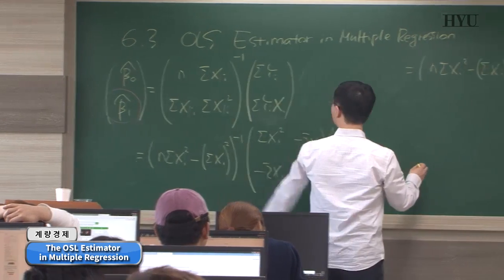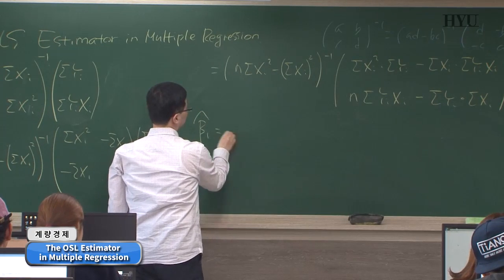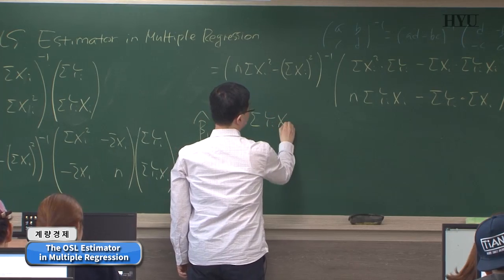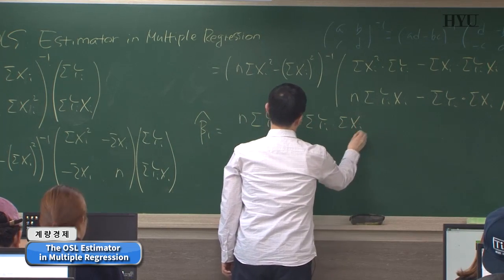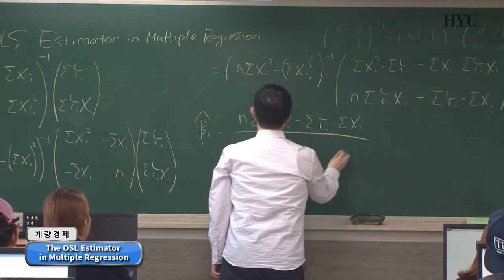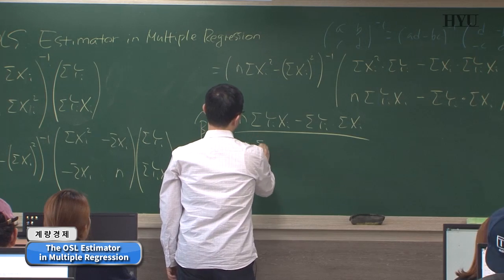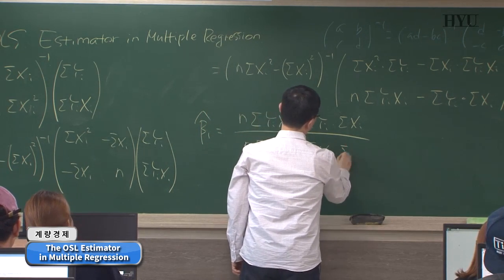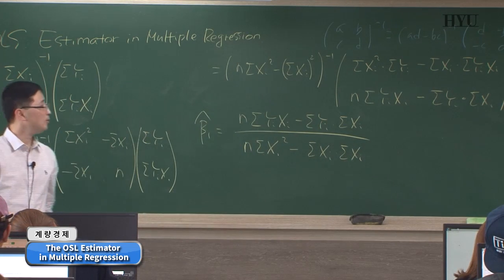So beta 1 hat, the second element of this, is given as... now what do you want to do?